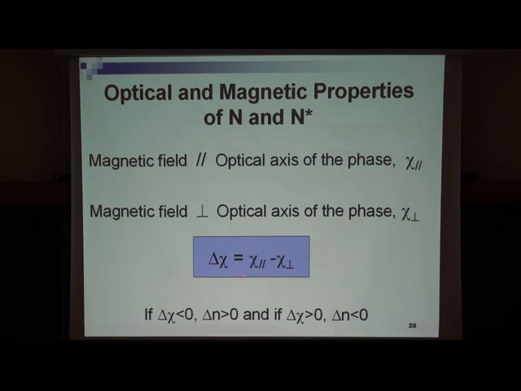The difference between the two magnetic susceptibilities is the anisotropy of diamagnetic susceptibility. There is a relation between the diamagnetic susceptibility anisotropy and double refraction: if one is smaller than 0, the other is greater than 0, or vice versa.